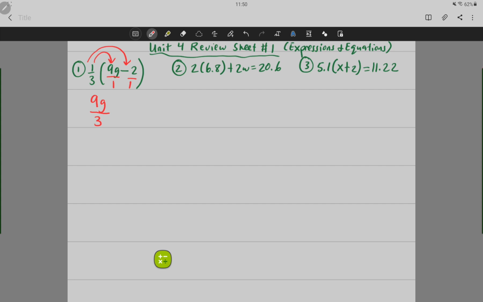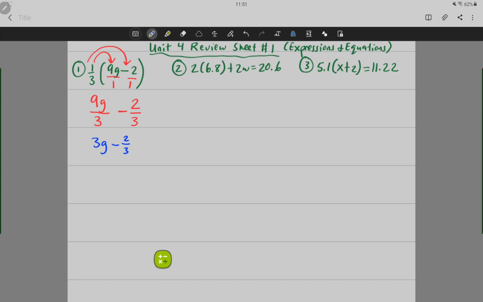Multiply our numerators, 1 times negative 2 is going to be negative 2. And our denominators, 3 times 1 is 3. We can simplify this. 9g divided by 3 is going to give us 3g. And then we just bring down the minus 2/3.